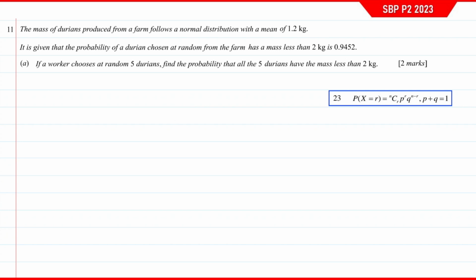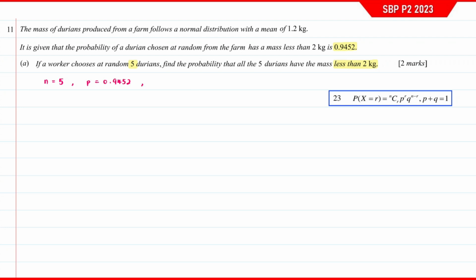So here we want to refer to formula number 23. Here n is the 5 durians chosen. As we want to find the probability that all durians have the mass less than 2 kg, this 0.9452 will be its probability, and this will be the P, which is the success.